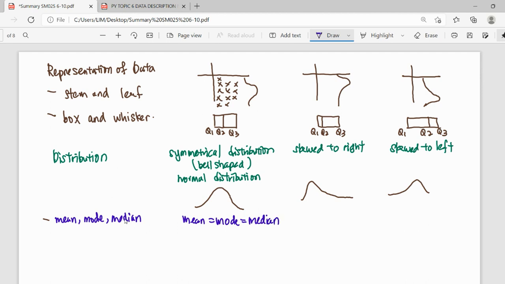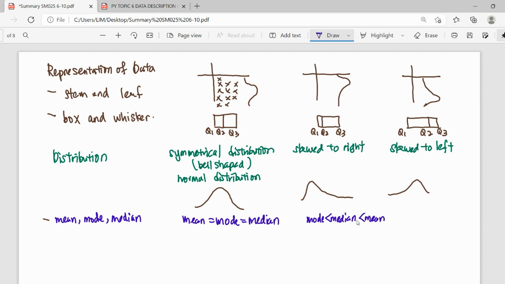But when you calculate your mean, mode, median, sometimes your mode will be less than your median, and then less than your mean. This one will be skew to the right.